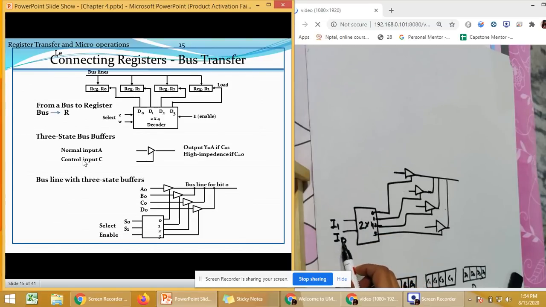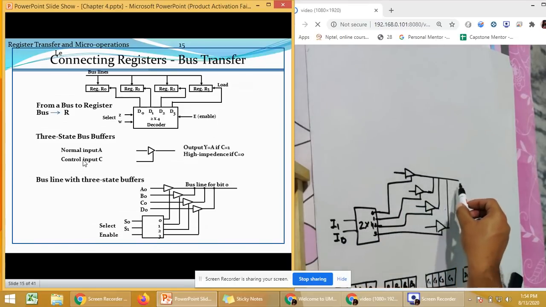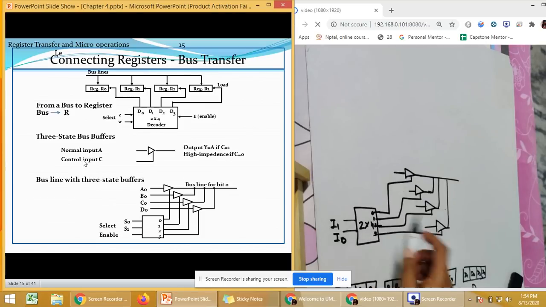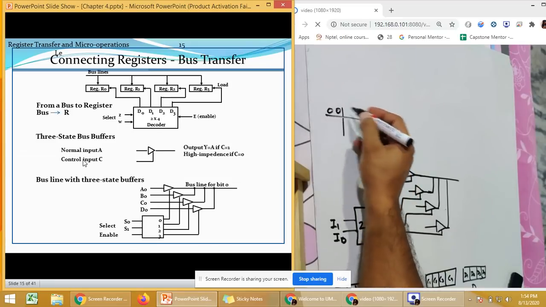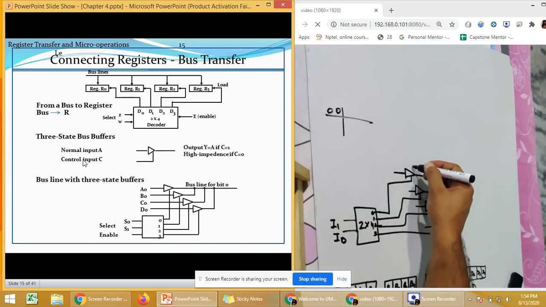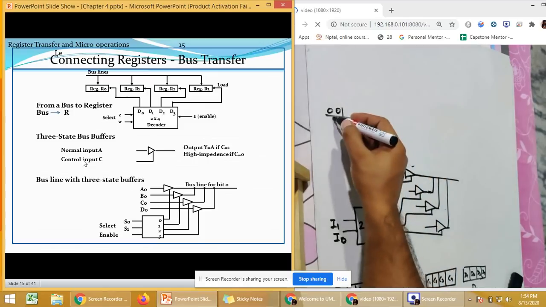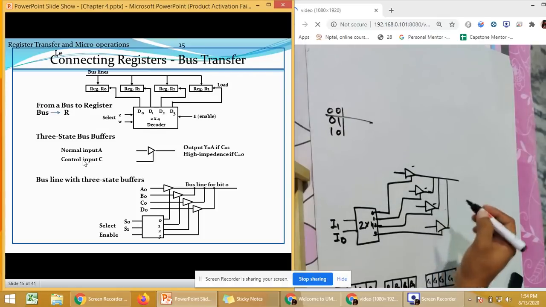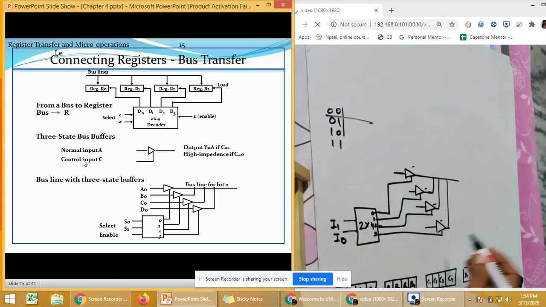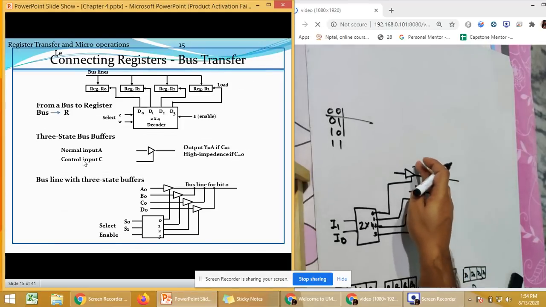If I1 and I0 are 0 0, this line will be active. If it is 0 1, the second line will be active. Like in this case, if 0 0 is there, the first line will be active. If it is 0 1, this line will be active. If it is 1 0, third line, 1 1, fourth line. This is how it will get activated.